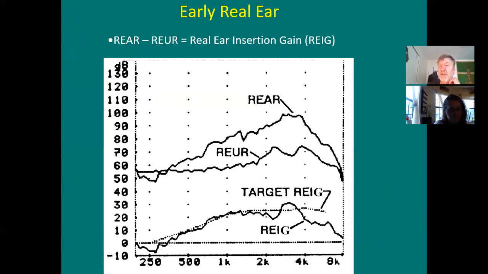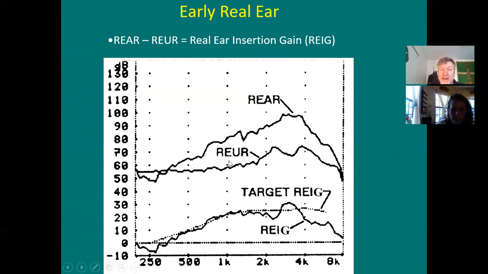And look what you got. Okay, REAR minus REUR, and you can even do this mathematically here. If you took this point right here, right where my cursor is, and you subtract this, you're going to end up with this.